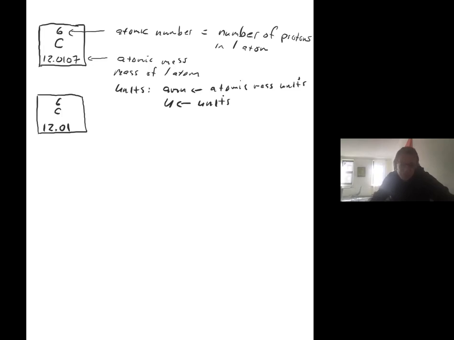It might be 12.011 or as much as 12.0107. But these are not whole numbers. They're not exact values. So you're not going to see 12. You're not going to see 13. You're not going to see 6. The number down here is an actual measured value, and it's typically a decimal value. Something point something something, okay? But essentially that's how much an atom weighs.